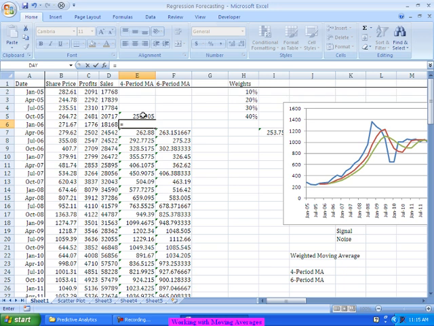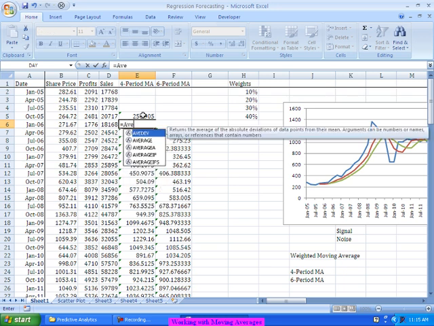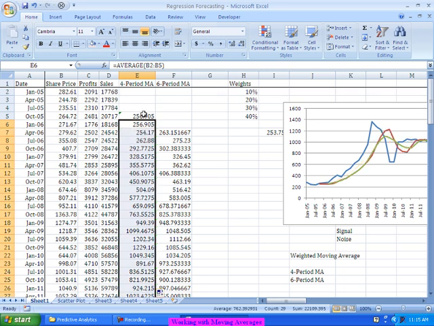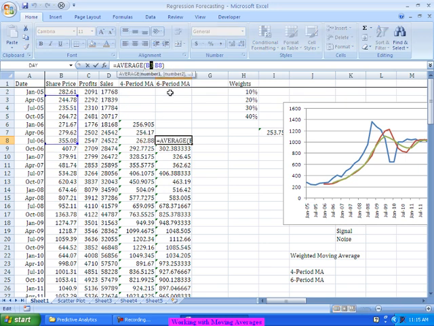So what I'll do is simply say average of the last 4 values for the 5th one. So everything gets shifted down one cell, and with the same logic, even the graph is automatically updated. The same logic I will do in case of 6 period also.